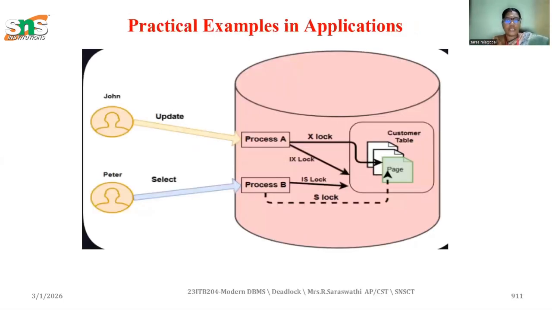Practical examples in an application: process A holds the X lock and process B requires the lock on the customer table. John and Peter are two customers. John updates the transaction in process A, and Peter uses a select command to view the result.